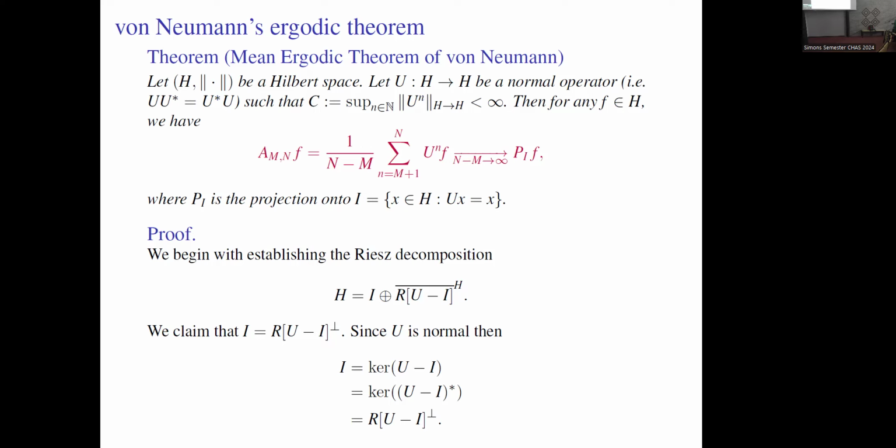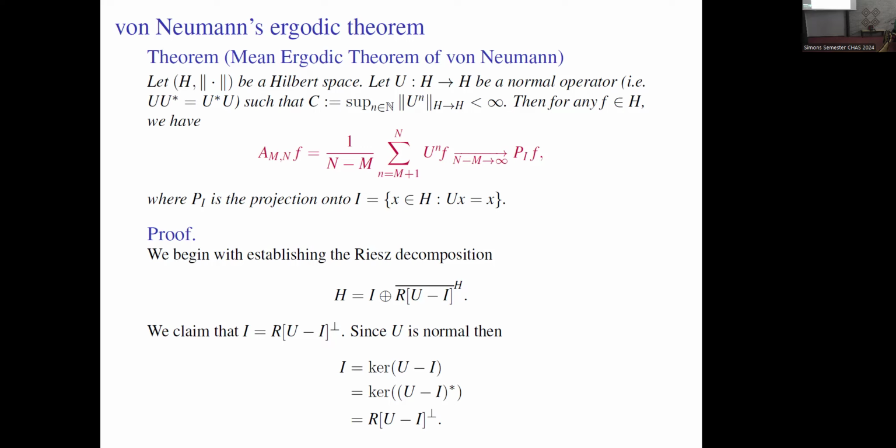But now we can observe that this orthogonal complement is given by this explicit formula. This is the closure of the image of U minus identity. The closure, of course, in the Hilbert space. And so it suffices to show that I is equal to the orthogonal complement of this space.